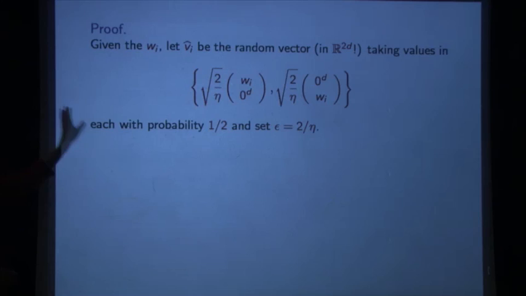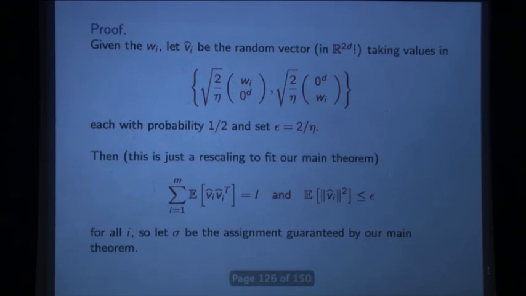I'm going to pick each one with probability 1/2, and I'm scaling it so that epsilon is what it needs to be. And so these satisfy all of the conditions of our lemma. So we're guaranteed that there's some sigma which has the bound that we have from our main theorem.